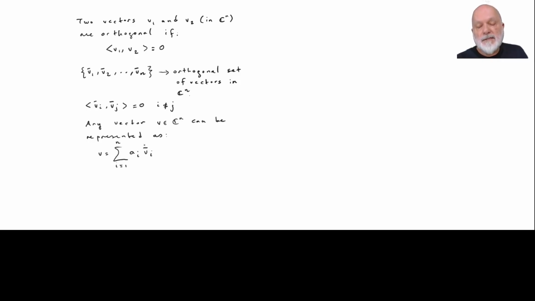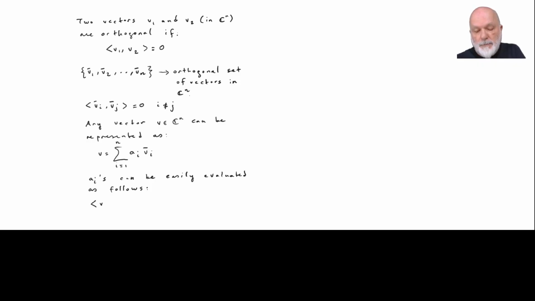Now, in this case, how can we calculate the coefficients in this representation? These coefficients, the ai's, can be easily evaluated as follows. For example, I want to evaluate a1. So take the inner product of v with v1 bar.